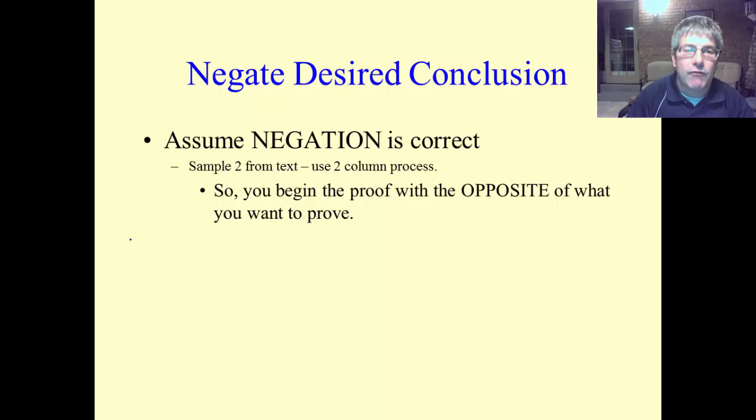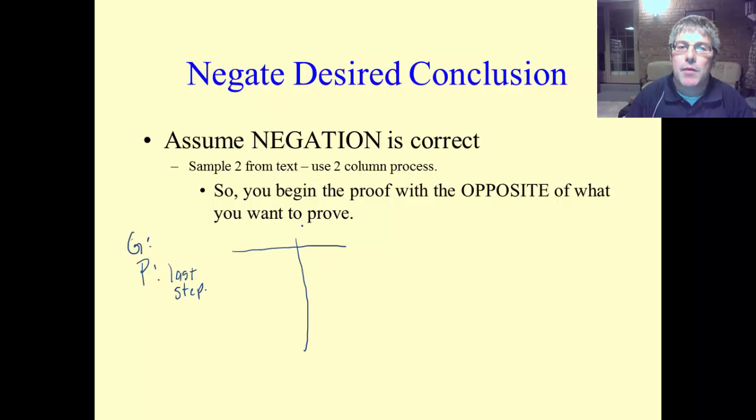Normally, if we have a given and a proof, and we do our two-column proof, whatever we're trying to prove is going to be our last step. But now, in an indirect proof, this is going to be our first step, but it's going to be the opposite.